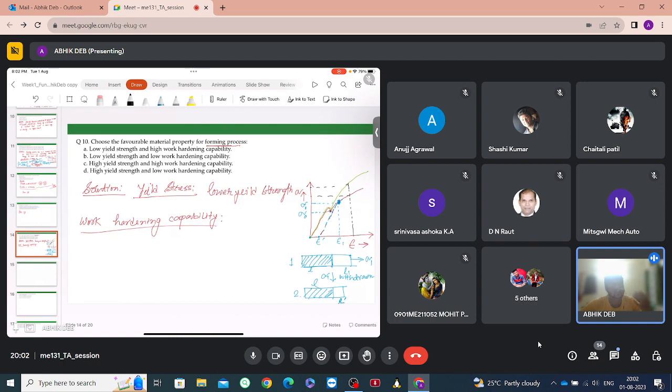So the higher the work hardening capability, the more will be the stress required for a particular deformation.